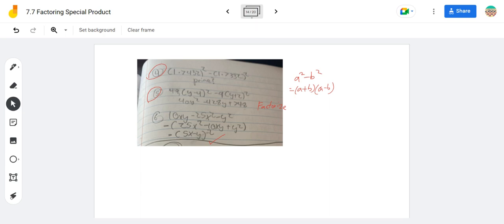And the other one, you group the p minus q and then you can factor out p minus q. So for the first question you need to be familiar with this a squared minus b squared formula. And then the other three questions, 3, 4, 5.